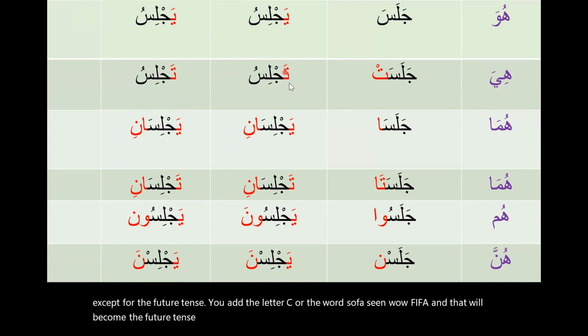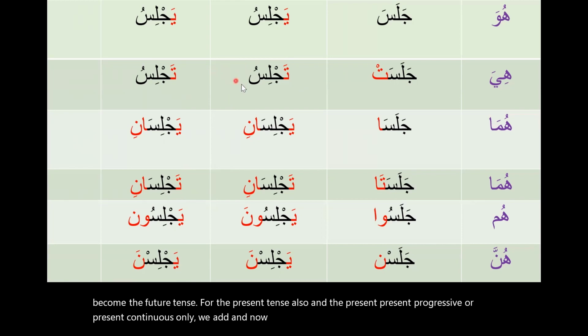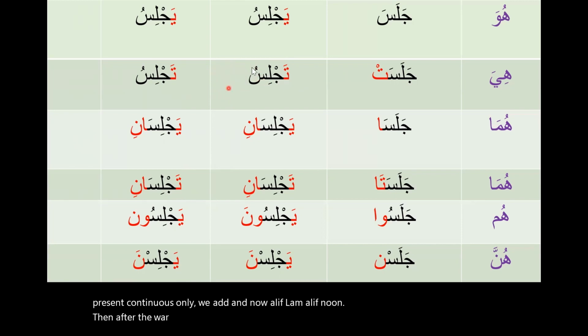For the present progressive or present continuous, we add الآن, now, alif, lam, alif, noon, after the verb to indicate the ing form. Okay, هو جلس وهو يجلس وهو سيجلس or سوف يجلس.